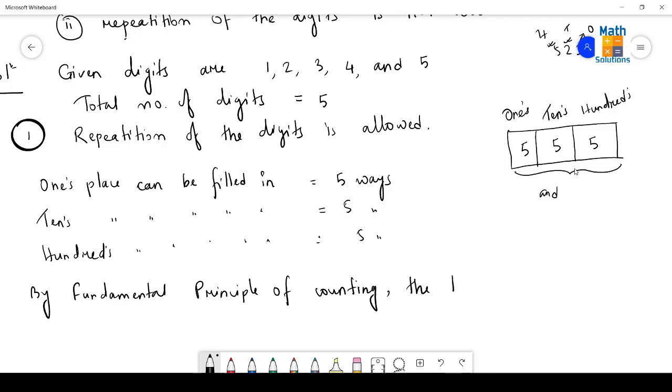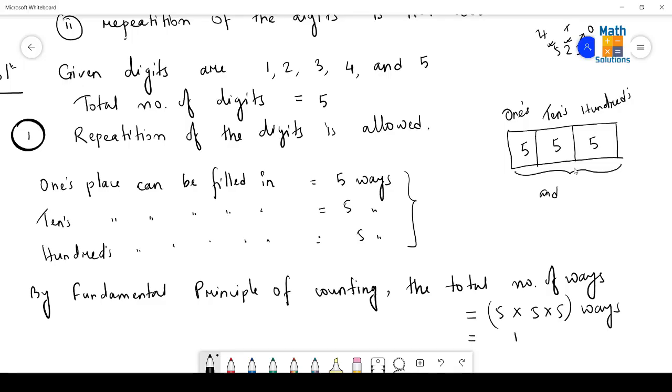The total number of ways is equal to, we have to multiply these three quantities. Yes or no? So 5 into 5 into 5 ways is equal to 125 ways. So this is how we have to solve the first part, I mean Roman 1.